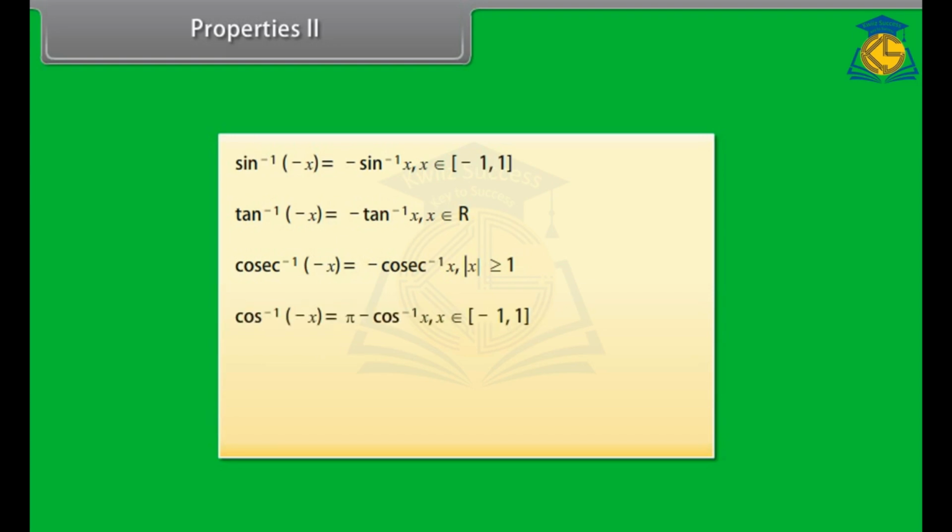Cos inverse of -x is equal to π minus cos inverse x, x belongs to [-1, 1]. Sec inverse of -x is equal to π minus sec inverse x, modulus of x greater than or equal to 1. Cot inverse of -x is equal to π minus cot inverse x, x belongs to R.